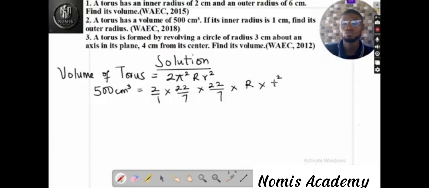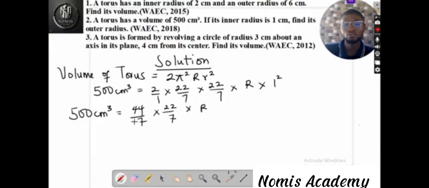squared. 1 squared. So this will be 500 centimeter cube equal to 2 times 22 will be 44 over 7 multiplied by 22 over 7. So multiply by r. So we are left with this.